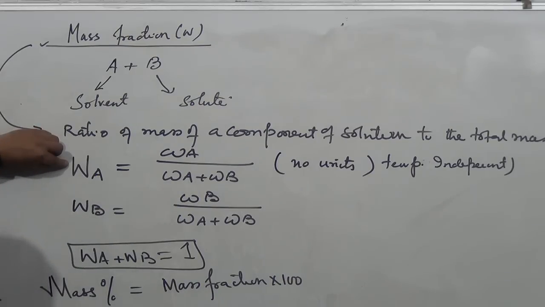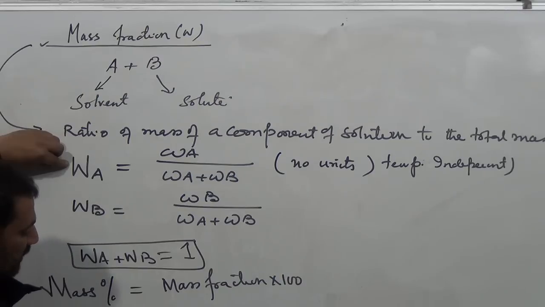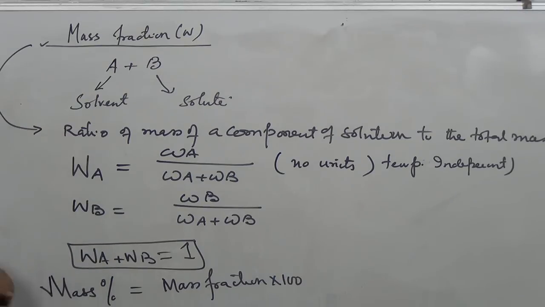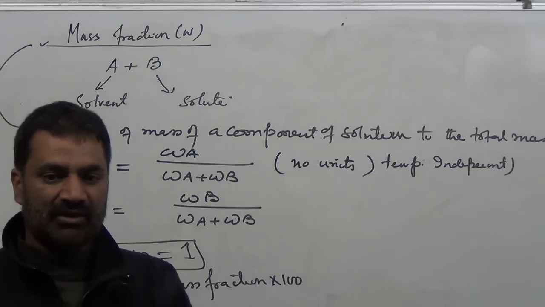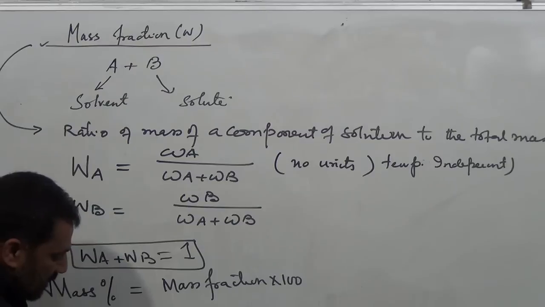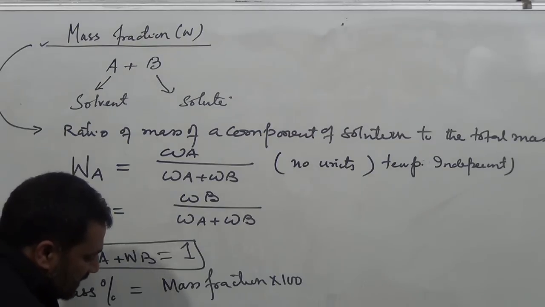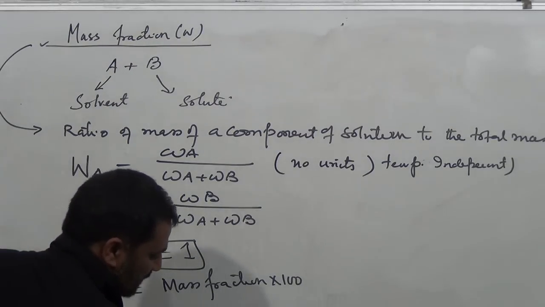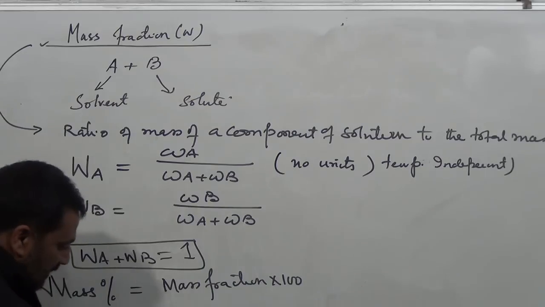Mass percent of B is equal to WB into 100. So the sum of mass percents of different components in a solution is always equal to 100. So mass percent of A plus mass percent of B is always equal to 100.